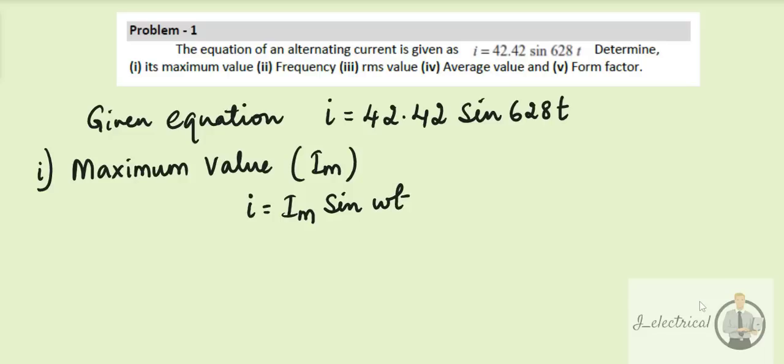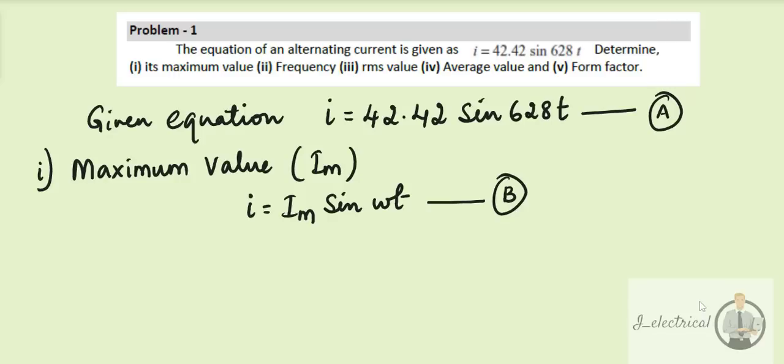So if I compare this standard form of the instantaneous equation with the given equation, let me name this as equation A and this as equation B. So equation B is the standard form wherein equation A is the given equation.